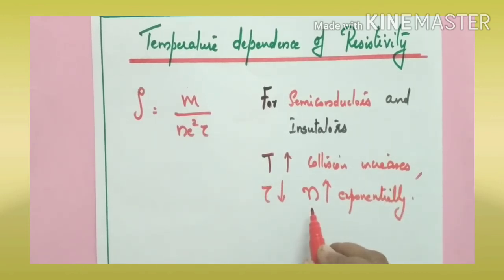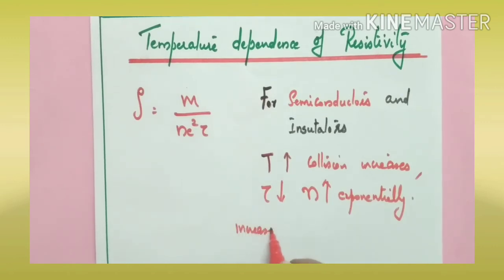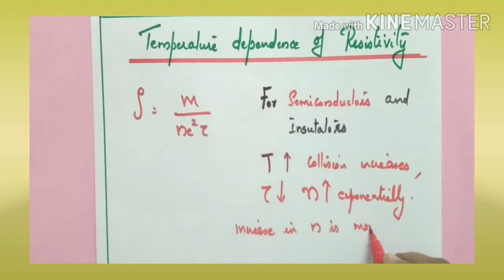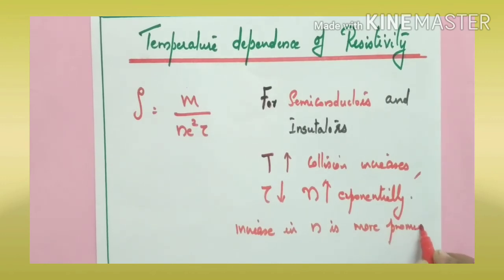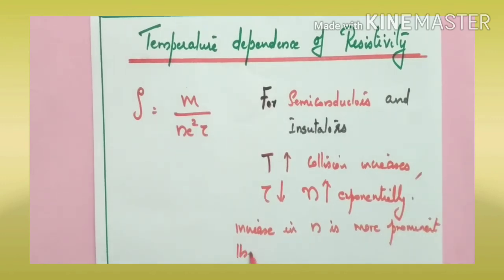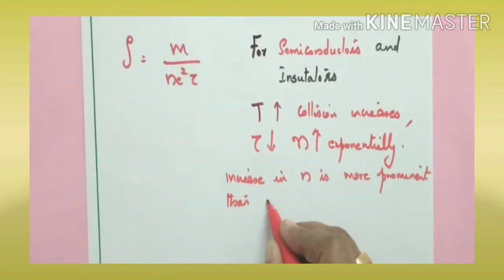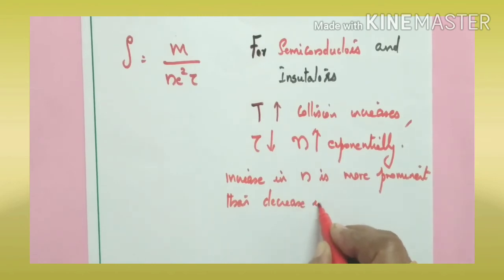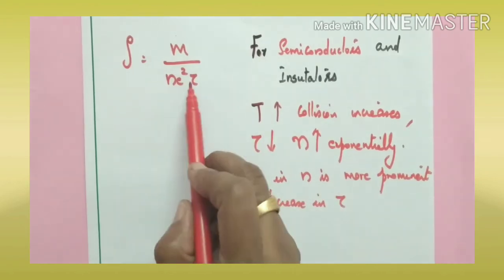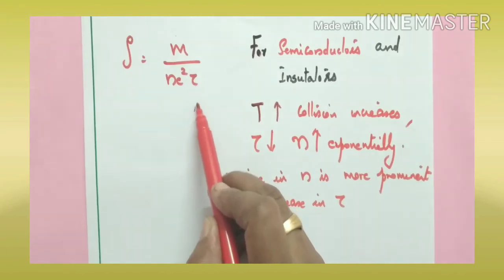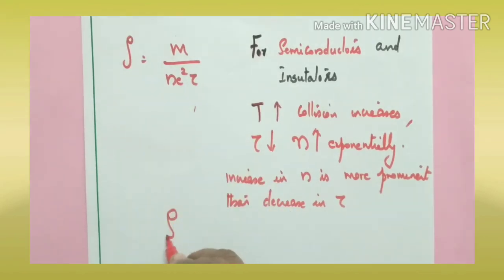So the increase in n is more prominent than the decrease in tau. According to the formula, n increases exponentially, tau decreases, and hence what happens to resistivity? Resistivity decreases. That is the reason.